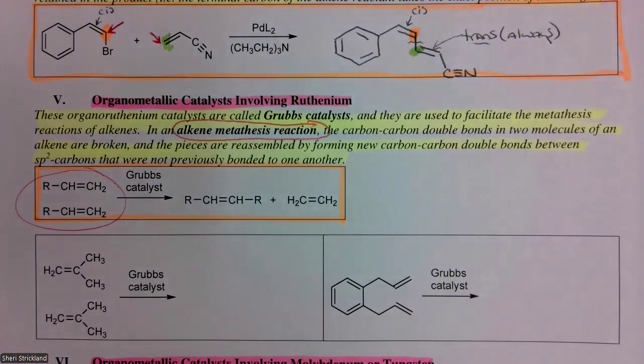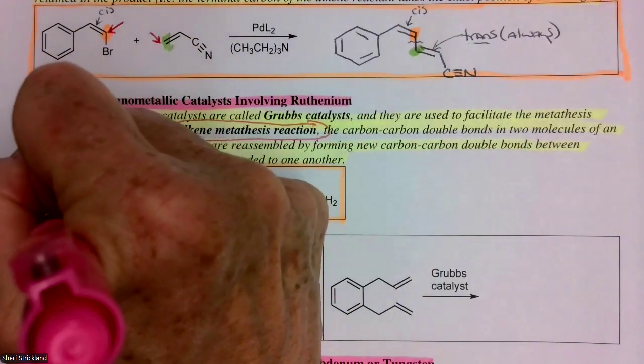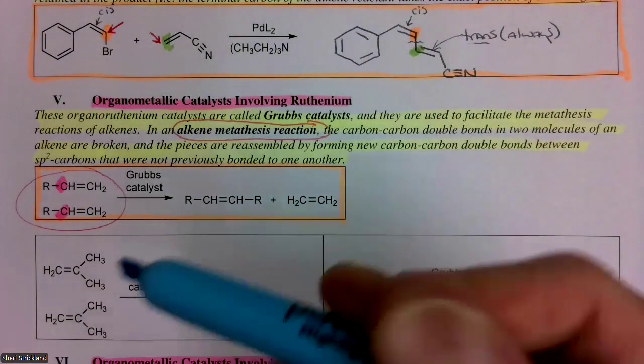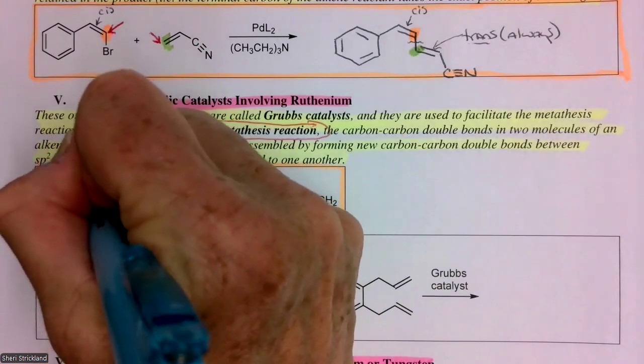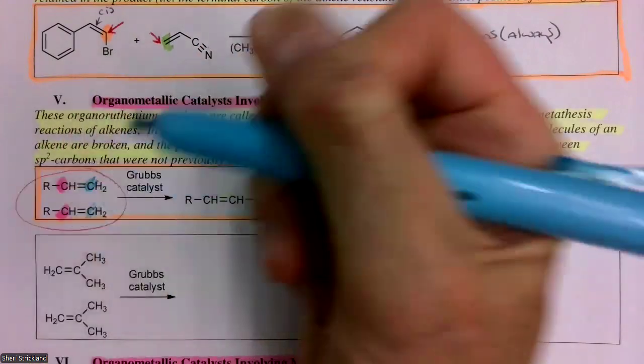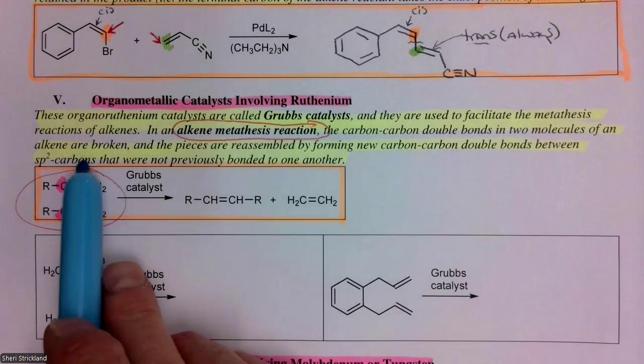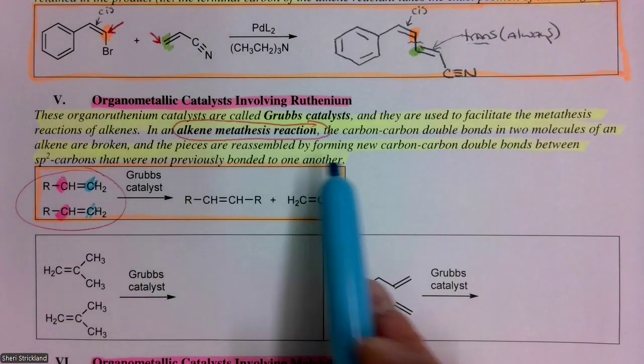And so what you find is that you start with two alkenes, you end with two alkenes. But what you're doing in the mechanism is breaking the two original carbon-carbon double bonds, and then the pieces are reassembled.